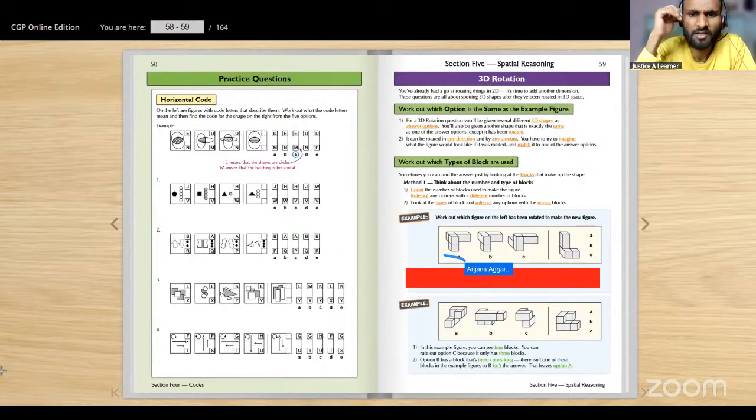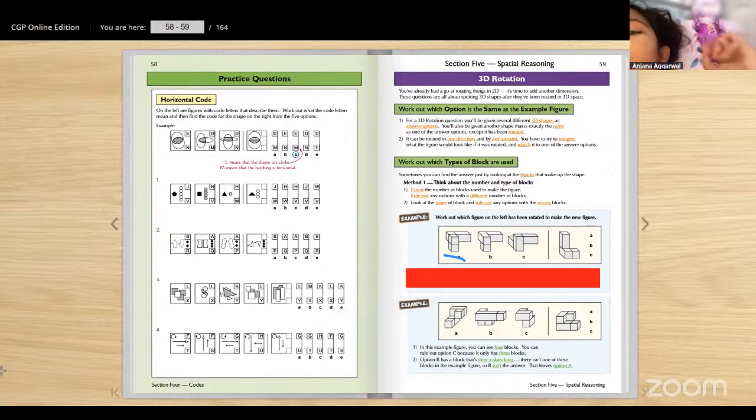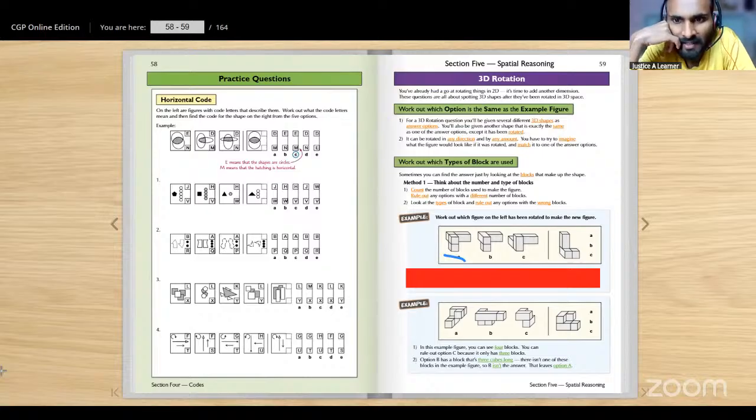You counted the blocks in A, that is four, right? And all other figures like B and C, they all have three. Yes, that is the thing we have to observe. So what did you find? A is incorrect.